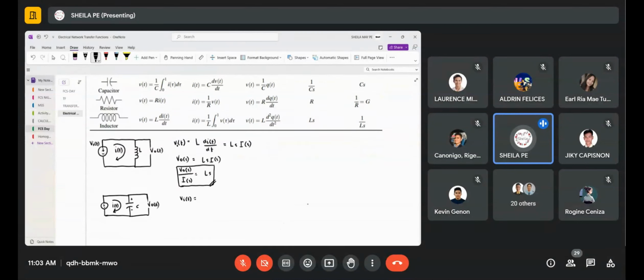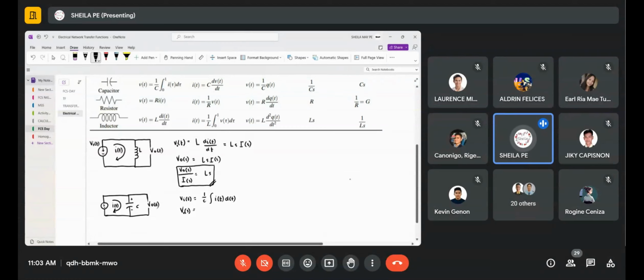So that's 1 over C, 1 over C integral of IT dt. You can neglect for now the 0 and the t. It's just the limit. So V of S.